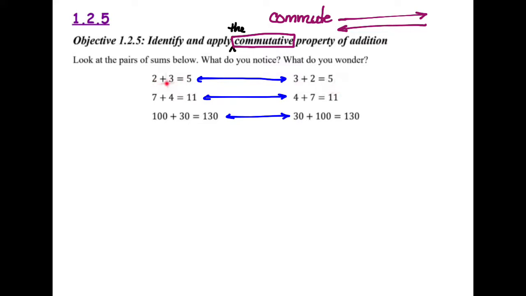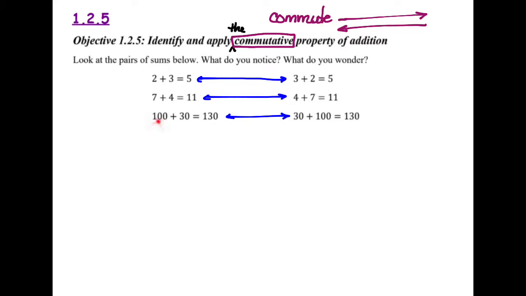So what did they do? 2 plus 3 is in that order, and over here, it went backwards. 3 plus 2. On the second row, 7 plus 4 is 11. 4 plus 7 is 11. So it's just reversing the order.